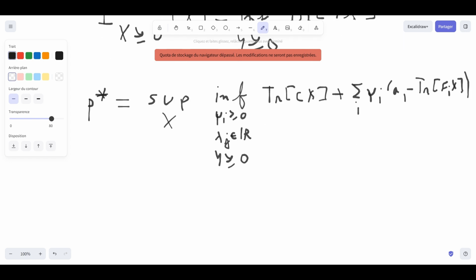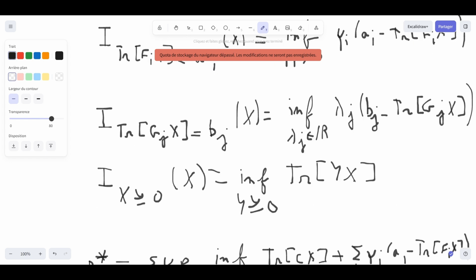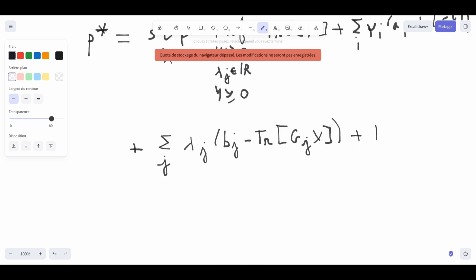Okay, so plus sum over j of lambda j bj minus trace of gj of x, and the last constraint. So you see here, you don't need a sum if it's not a trace. So you just add this plus trace of yx.